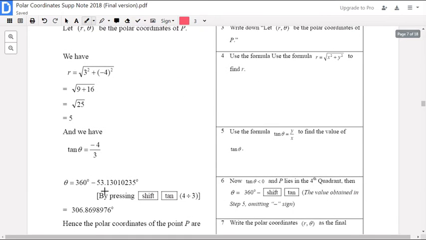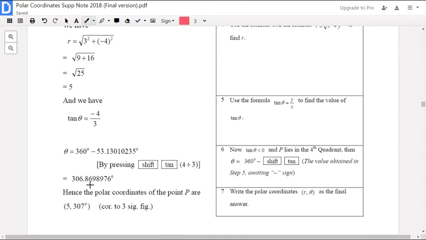So 360 minus 53.13 so and so, you have 306.869 degrees. If we correct the answer to 3 significant figures, the polar coordinates of the point P should be (5, 307 degrees). And that is the final answer.